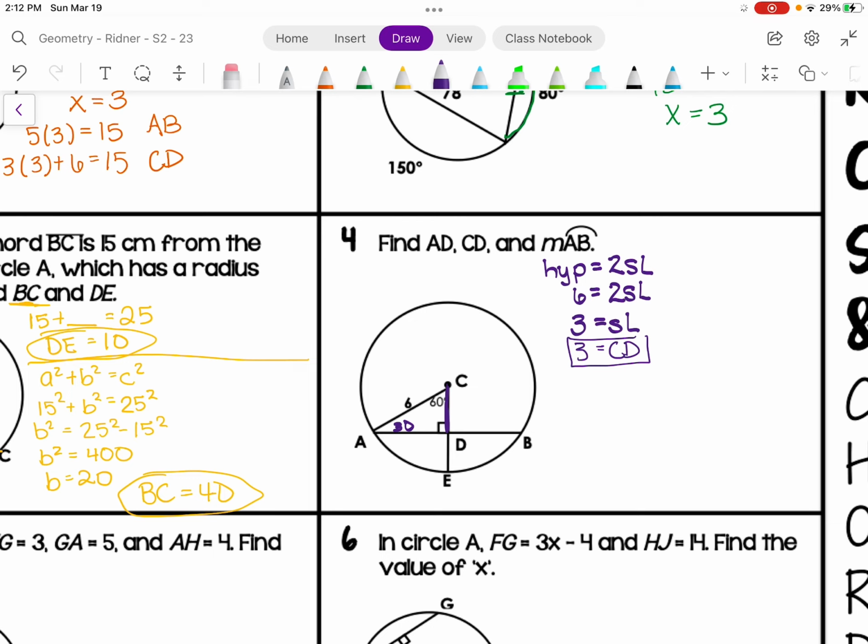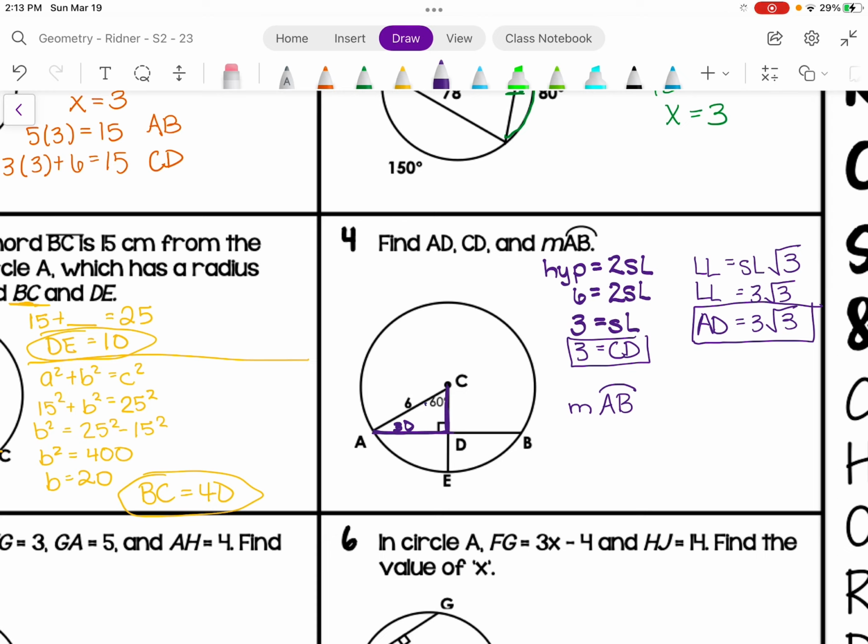Okay. Remember, long leg equals short leg times square root of 3. We just found that the short leg is 3. So the long leg is 3 square root of 3. Well, the long leg of this triangle is AD. And the last, it says, find the measure of the arc AB.